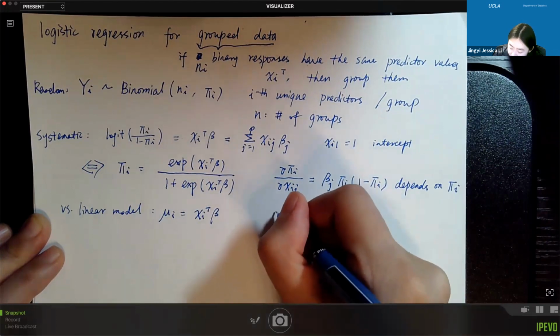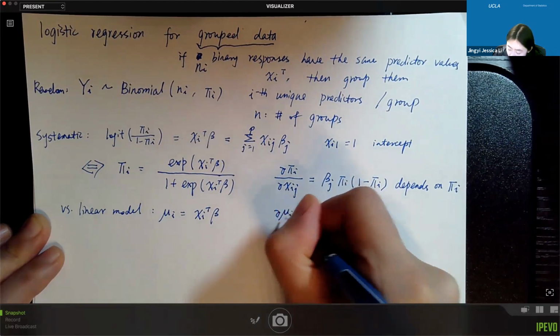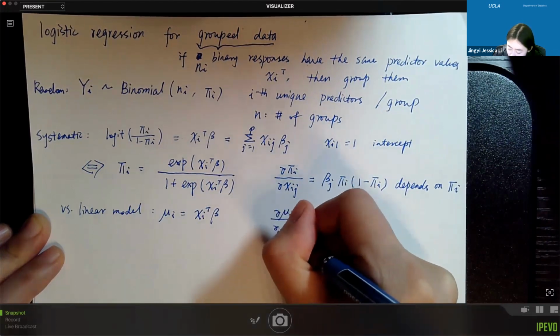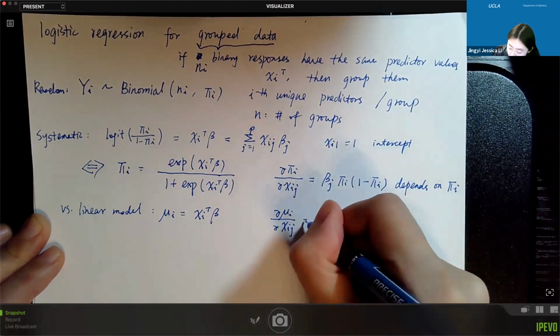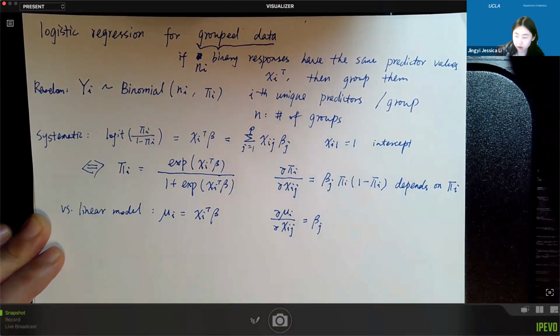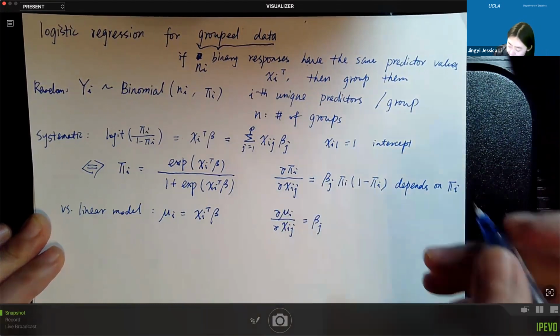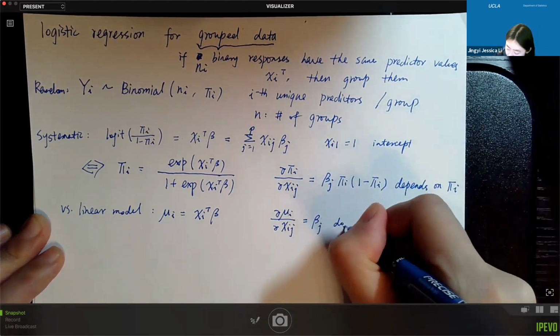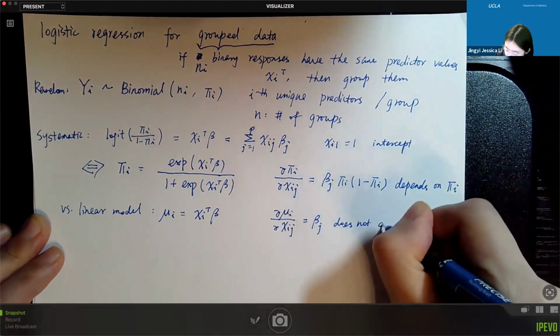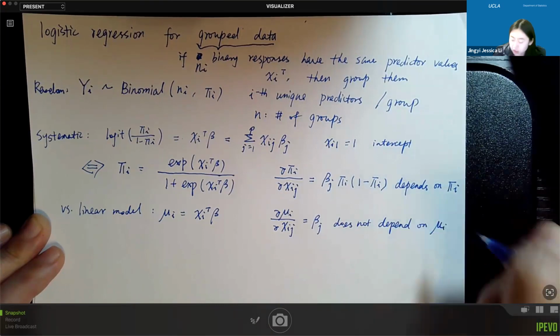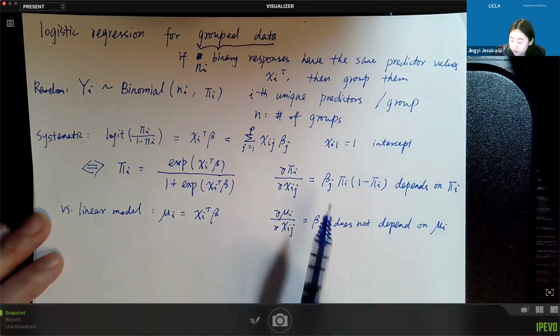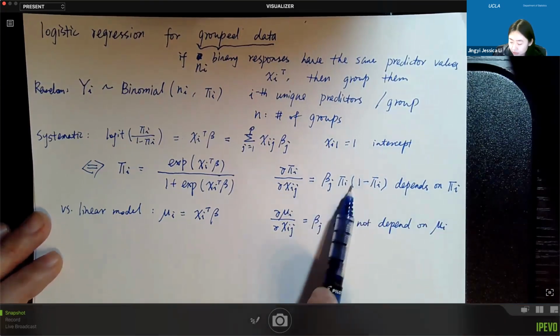So in this case, if I do partial mu i against partial xij, the effect of the jth predictor is just beta j. It's a constant, just a coefficient, and it does not depend on the current value of mu i. You see, this is a very big difference between these two things.